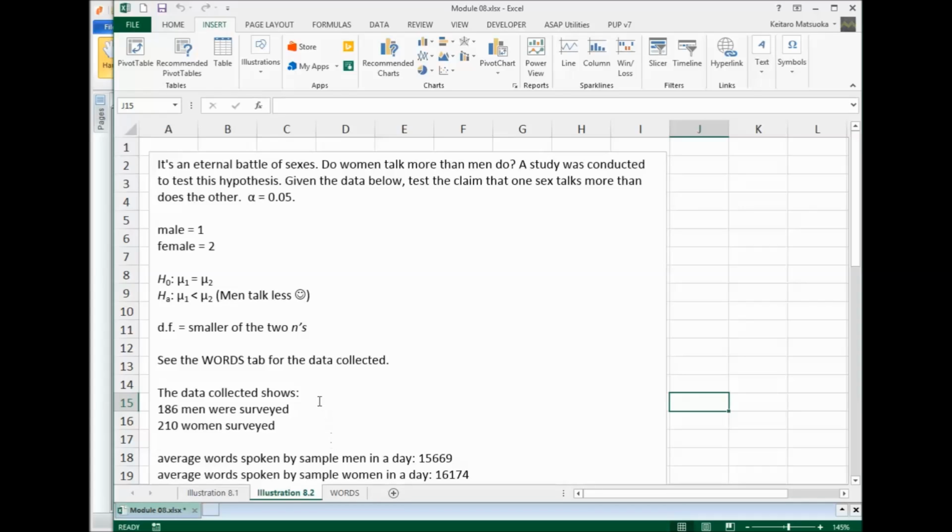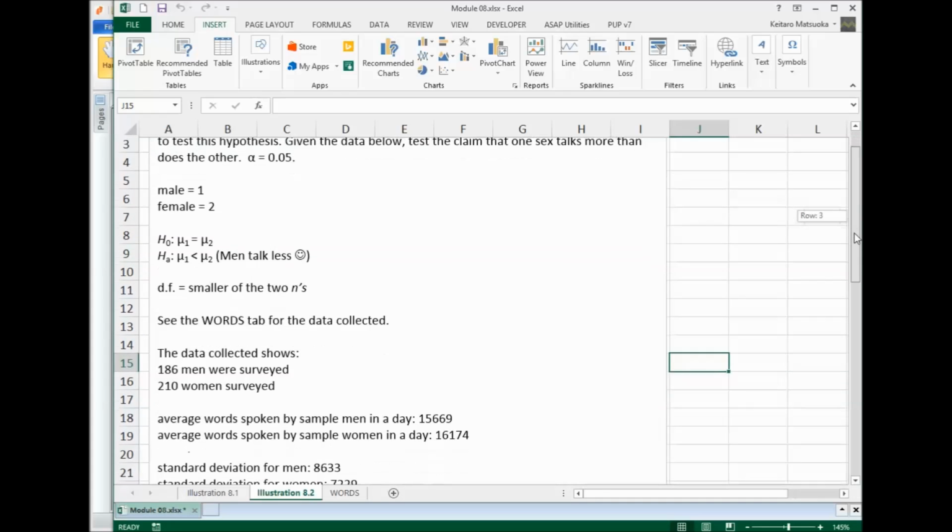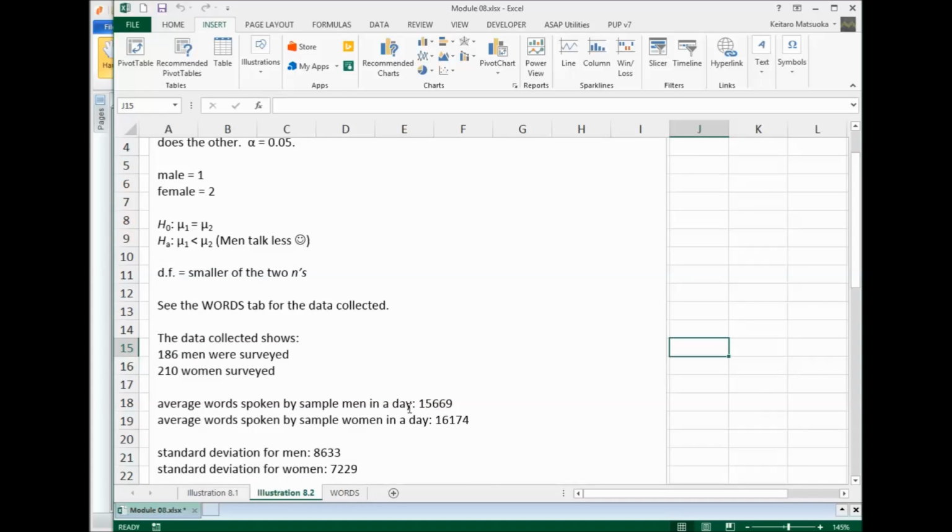The data collected shows there were 186 men surveyed and 210 women surveyed. The average words spoken by sample men in a day was 15,669, and the average words spoken by sample women in a day was 16,171.